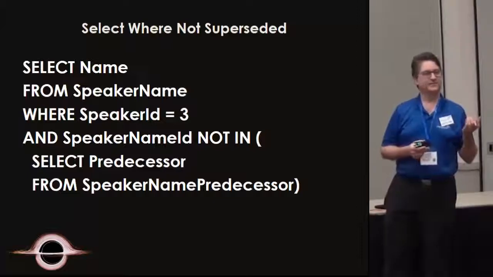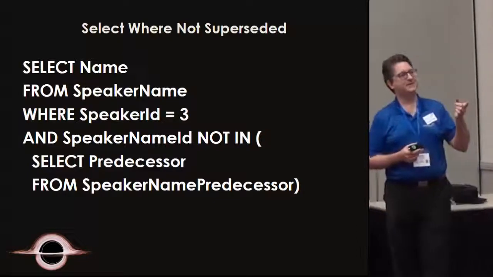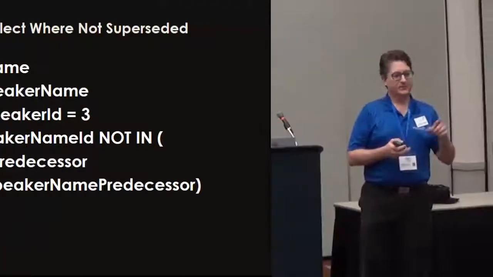You changed the name. Let's suppose that two different people changed the name. So you changed a name from Bob to Robert, and I changed the name from Bob to Bill. We both changed the name from the same predecessor.